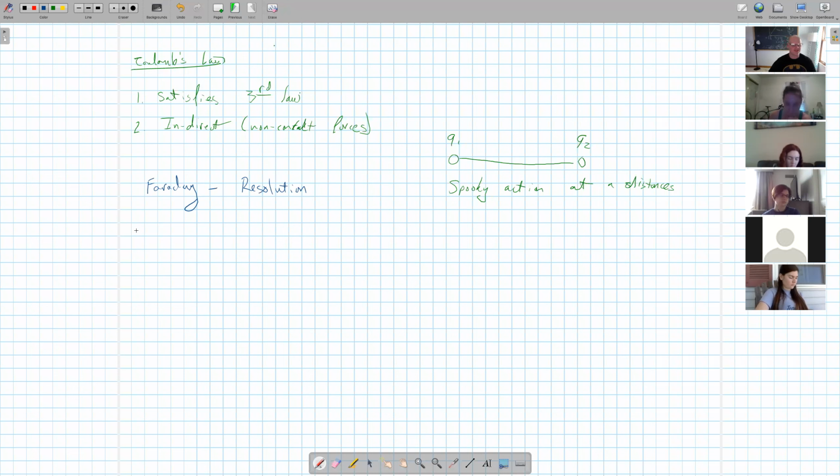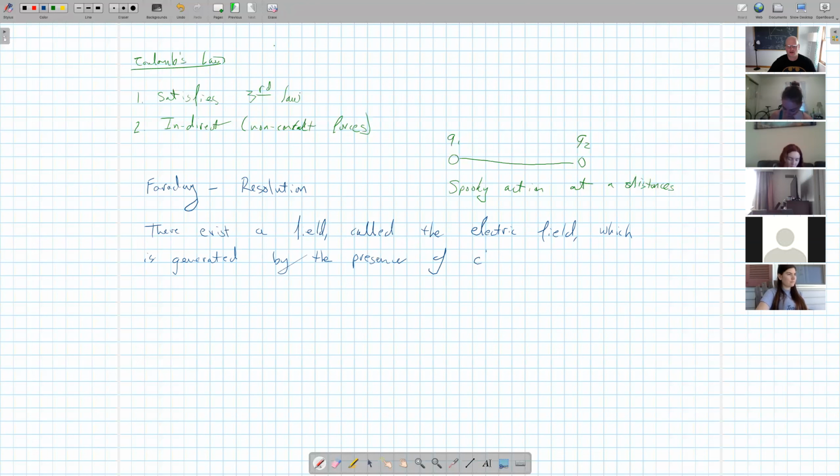So his resolution was that what's actually happening is that there exists a field called the electric field, which is generated by the presence of charge.